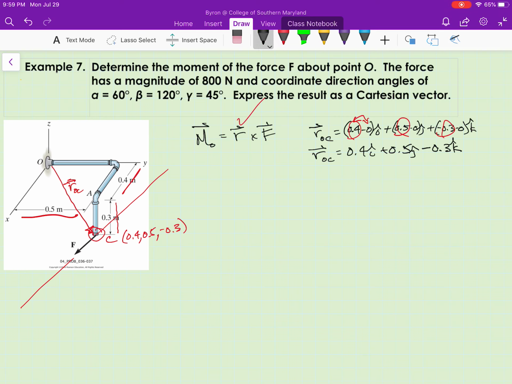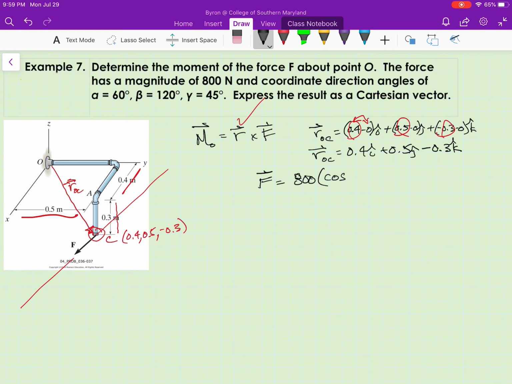Now we need F. F is going to equal the magnitude that we were given times the cosines of the coordinate direction angles.